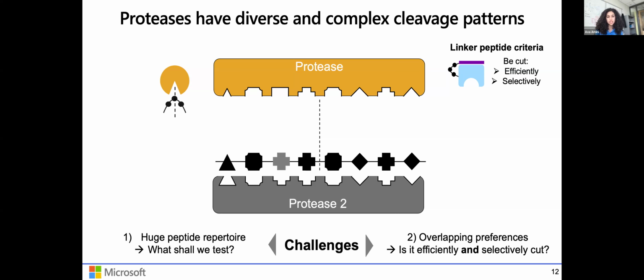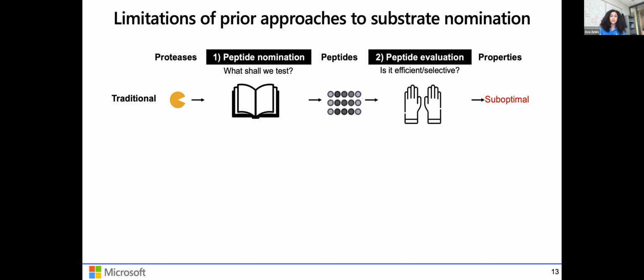And so traditionally in biochemistry and in sort of chemical biology approaches to design substrates for proteases, the most dominant approach to substrate nomination has been basically manual curation and nomination based on literature review and some small databases of protease substrate activity measurements.